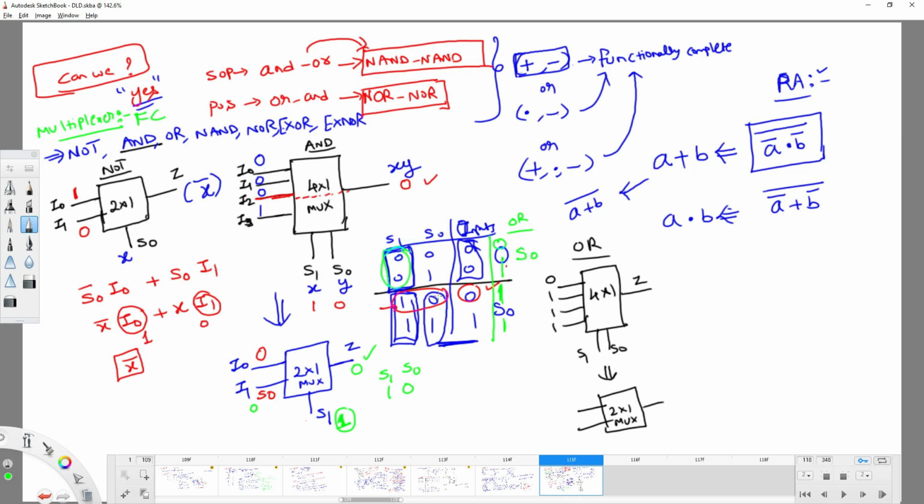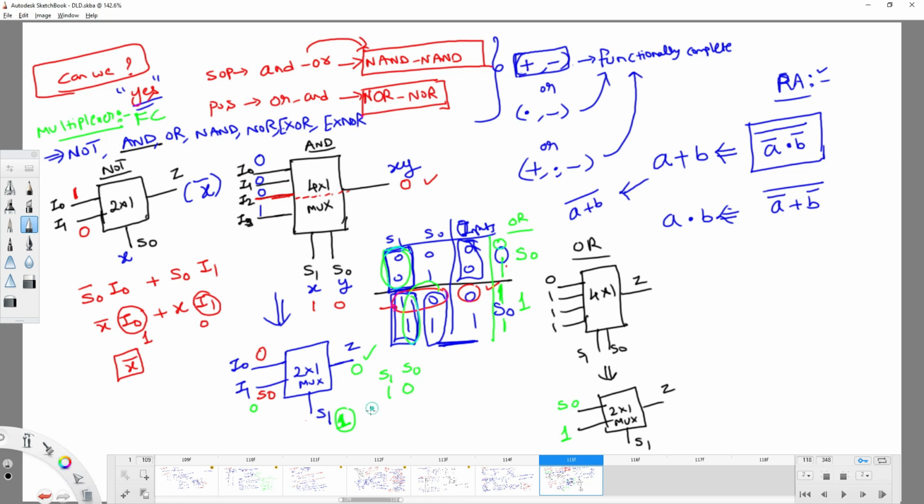S0. If I have 1 as input, what is the output you are expecting? 1. So here, the first input is S0, and the second input is 1, when the select line is S1. It is going to produce its corresponding J. Guys, is it always necessary to select S1 as the select line?